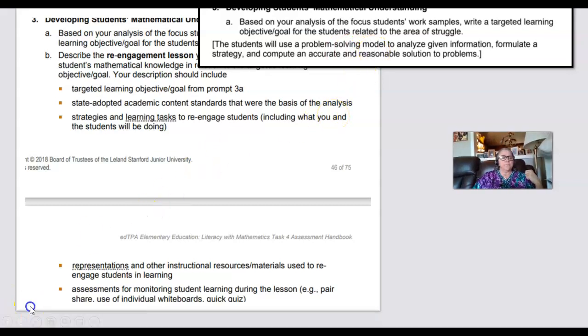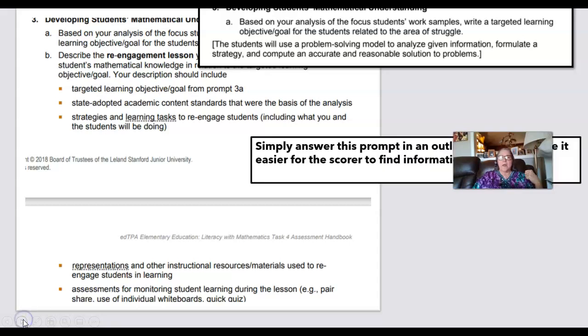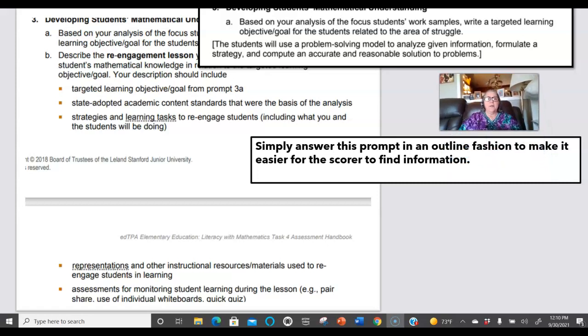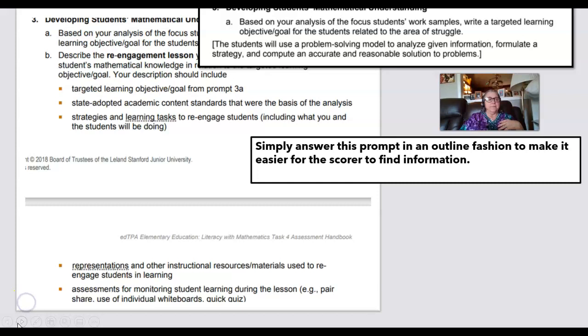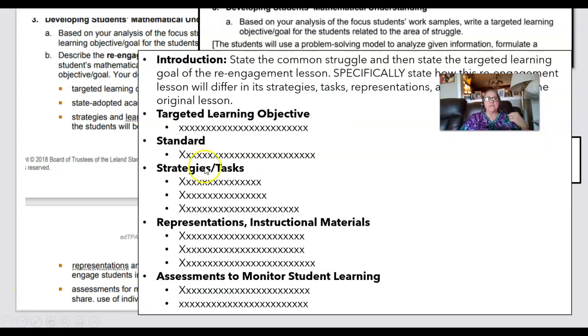Now, when we're looking down here, it says to describe the re-engagement lesson. And your description should include. Now, basically, this is your lesson plan that you're going to be writing in a narrative. One of the best ways I would approach it is to put it in an outline fashion.